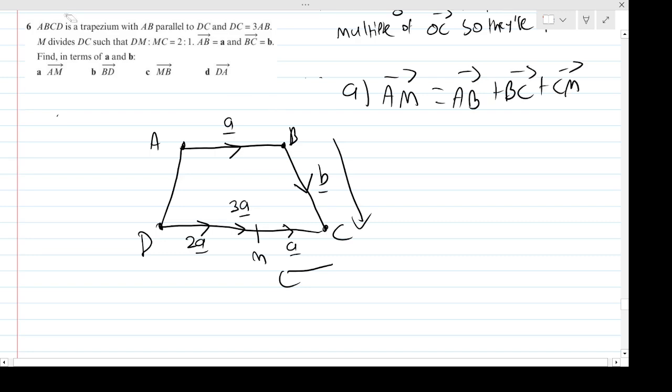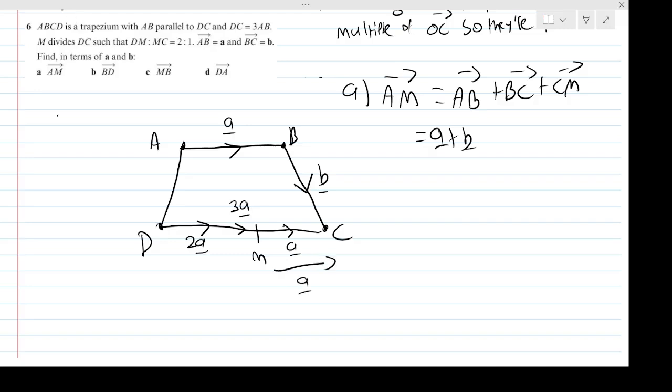A to B is just a. Then B to C is just b. Then C to M: we know that M to C is a, but we need to go the other way, so we negate it and get negative a. Well, a take away a is 0, so I'm just left with b.